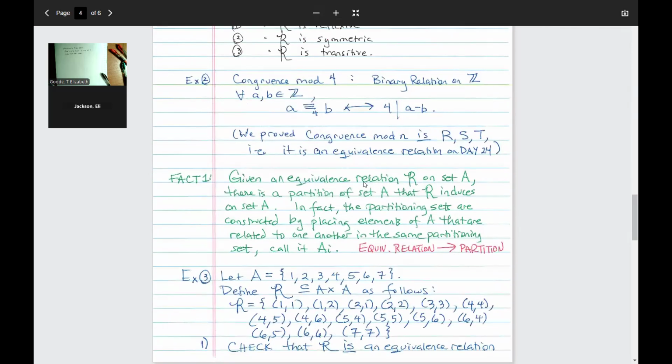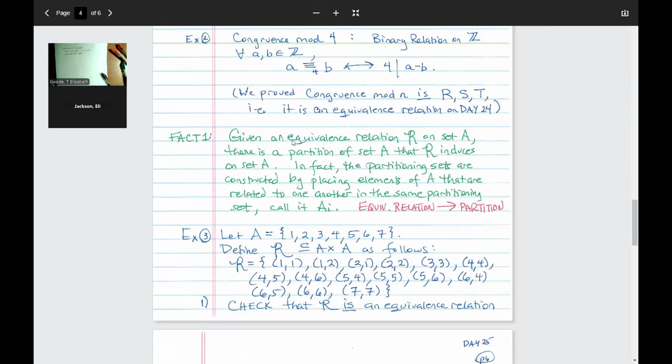So what we did was, here's fact 1. Given an equivalence relation R on set A, remember it's going to be reflexive, symmetric, and transitive. There is a partition of set A that R induces on set A. This equivalence relation induces a partition.